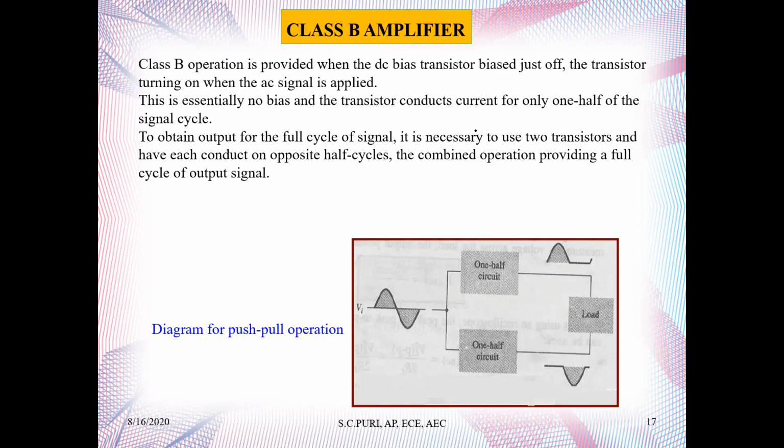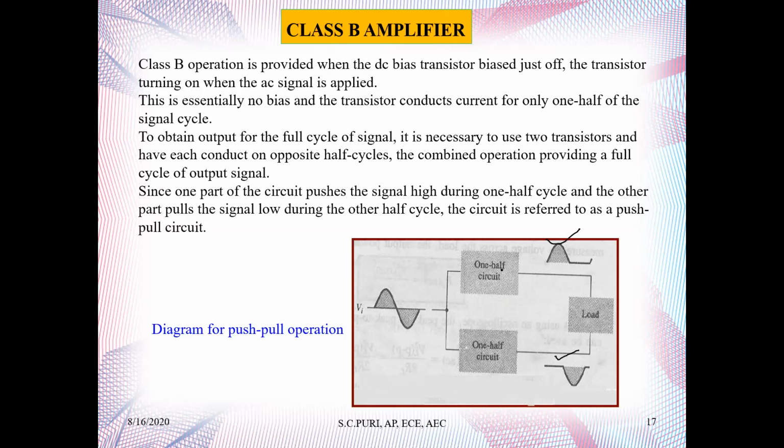To obtain output for the full cycle of signal, it is necessary to use two transistors and have each conduct on opposite cycles. As you can see here, they conduct for the opposite cycles, the combined operation providing a full cycle of output signal.